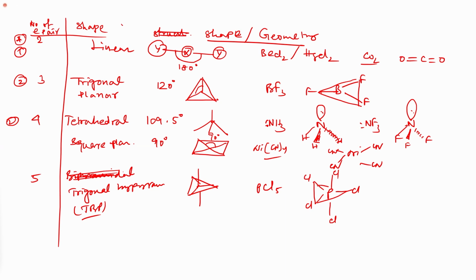This is the TBP structure, and the 6 is the octahedral. The octahedral structure will be like that.